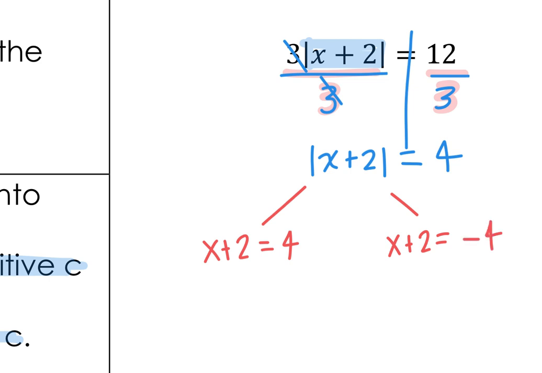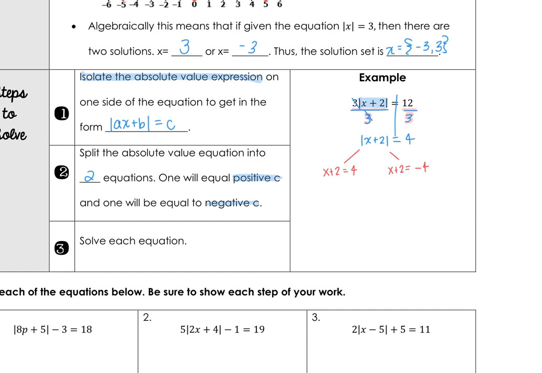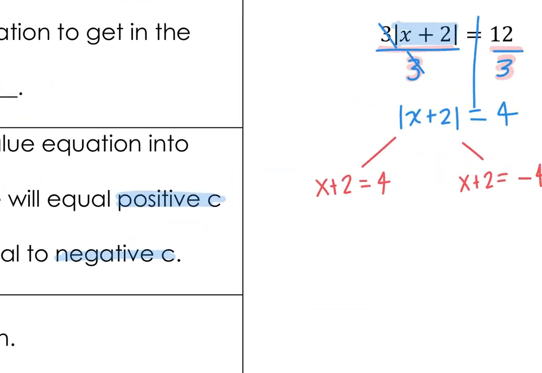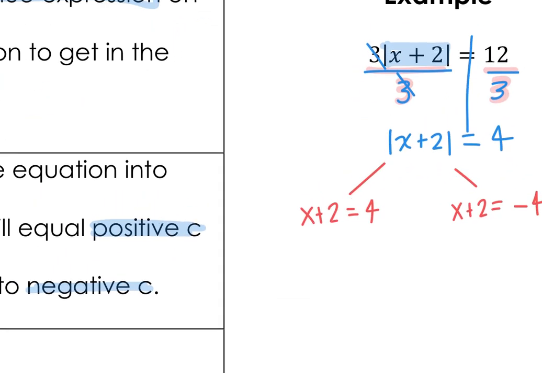So I'm going to set it equal to negative 4. And now, all we have to do is solve each of these equations. Now we're just doing the easy steps. This is all review now.